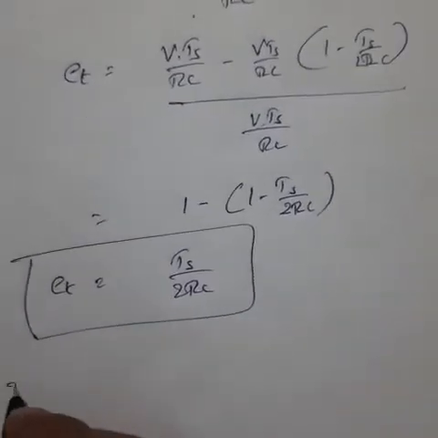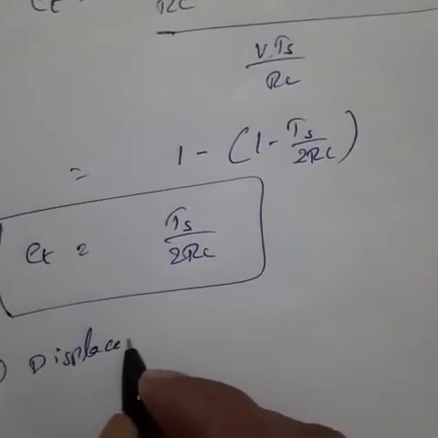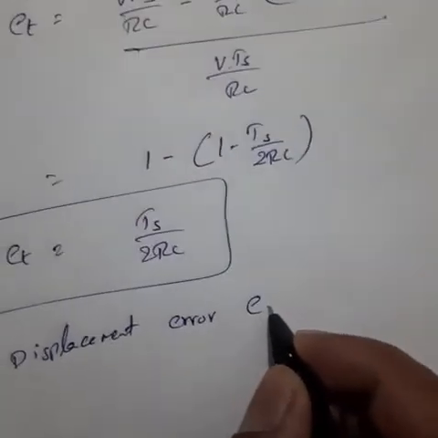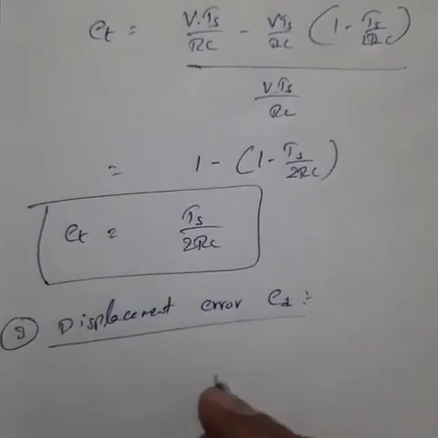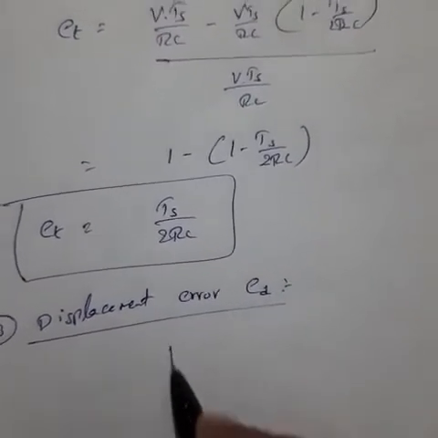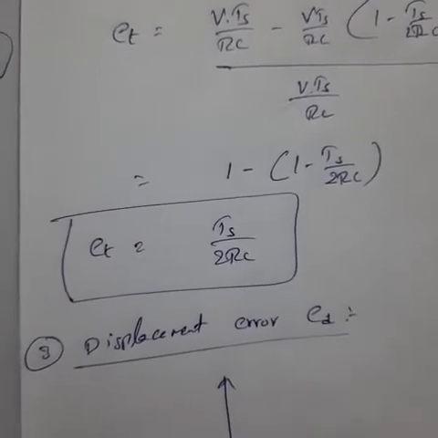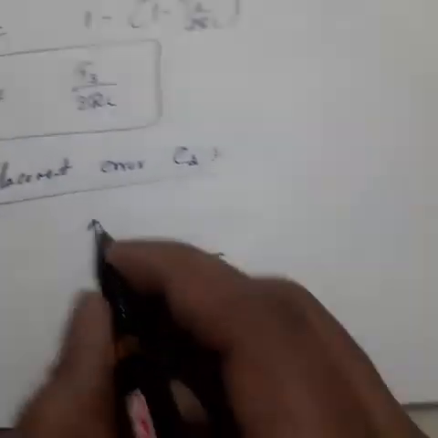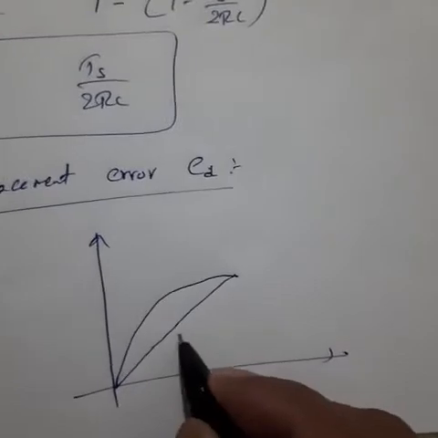Similarly, the third type is the displacement error, which we define with suffix D. For a waveform like this, the output deviates from the input.